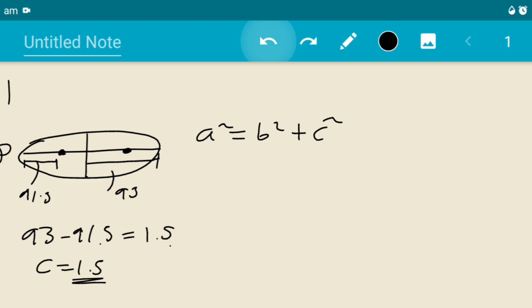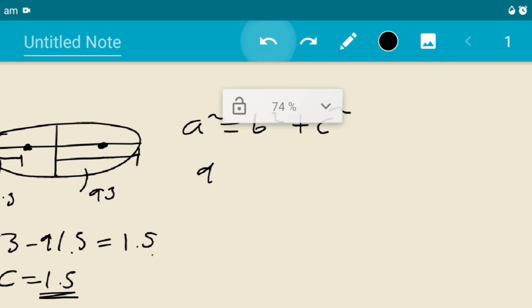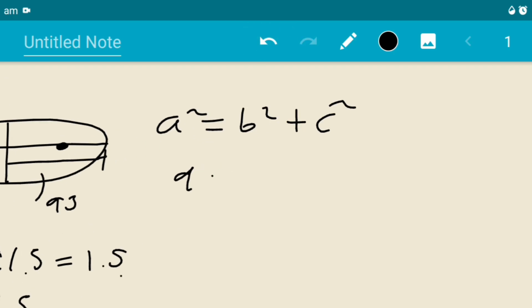So, with that being said, we know what our A is. Our A is 93, which is the same as 93 million. Let me just write that down nicely. So this is 93 raised to the second power, which should be equal to B squared plus, what is C? We said C was 1.5. So this is 1.5 squared.